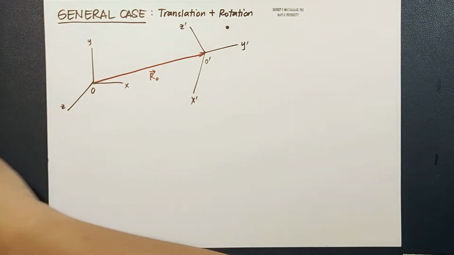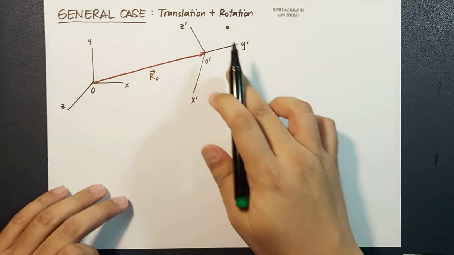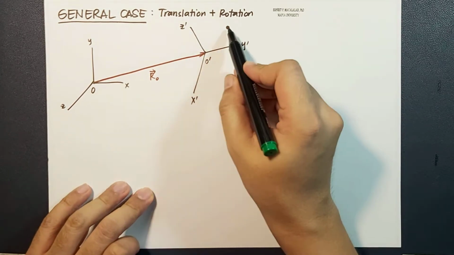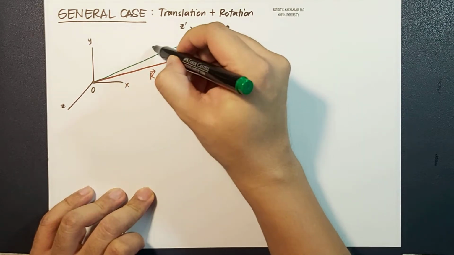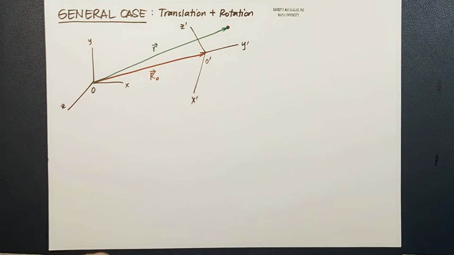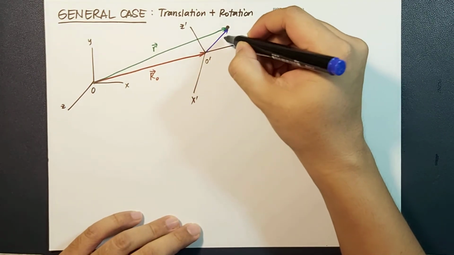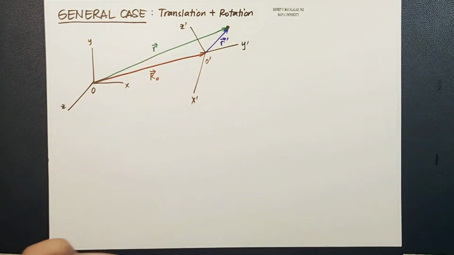With respect to the fixed frame, the position of this particle would be r, and this will be our r prime in the moving system.